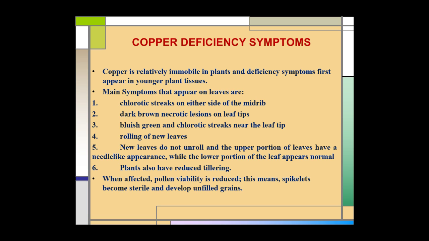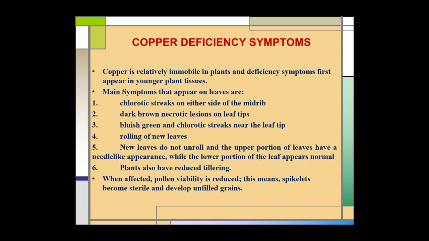Main symptoms of copper deficiency appear on leaves, and these symptoms are chlorotic streaks on either side of the midrib, dark brown necrotic lesions on leaf tips, bluish green and chlorotic streaks near the leaf tip, rolling of new leaves. New leaves do not roll and the upper portion of leaves have a needle-like appearance, while the lower portion of the leaves appear normal.